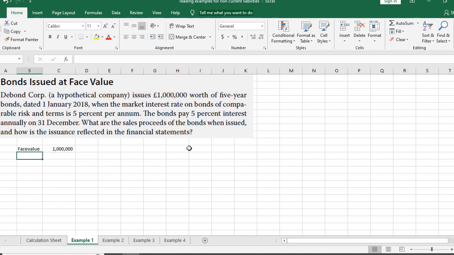This bond has a maturity of 5 years, the coupon rate is 5%, and the market interest rate is also 5%.